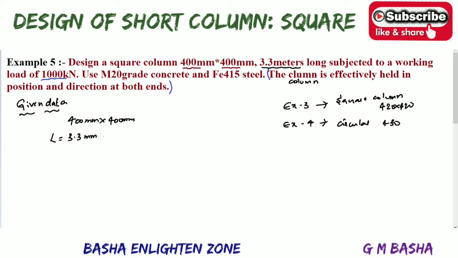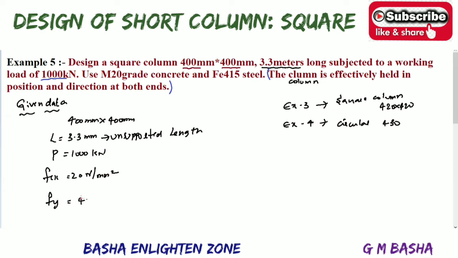Here they restricted the column length to 3.3 meters long, which is the unsupported length, denoted with L. The working load is 1000 kilonewtons, and we have to convert this into factored terms also. fck will be equal to 20 Newton per mm square and fy will be equal to 415 Newton per mm square.